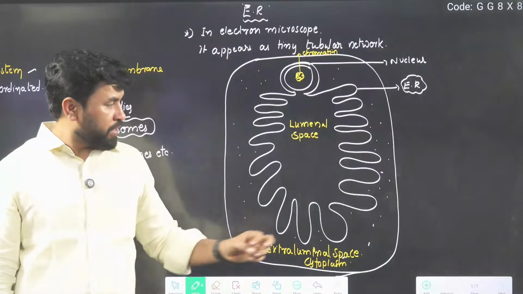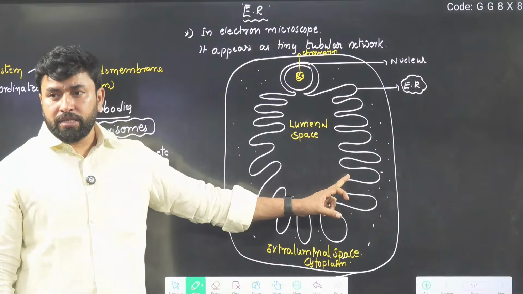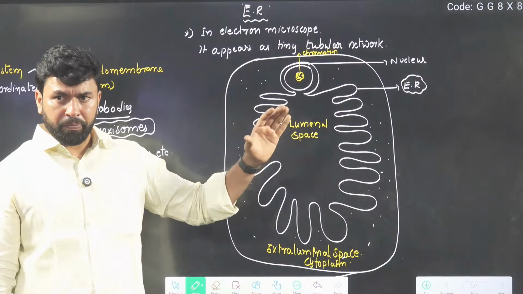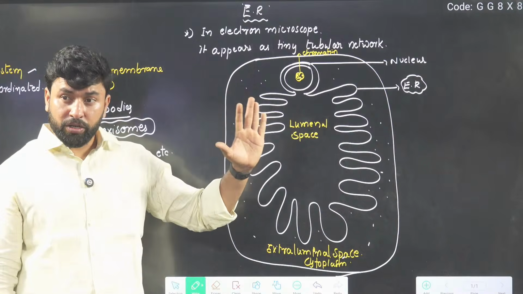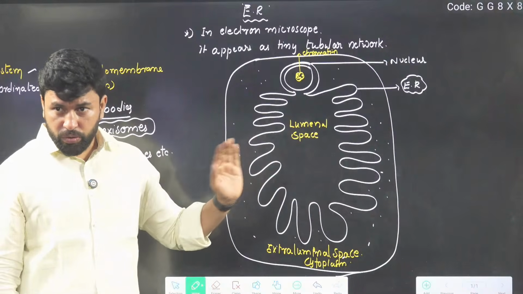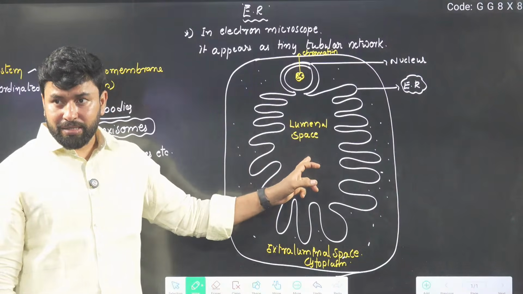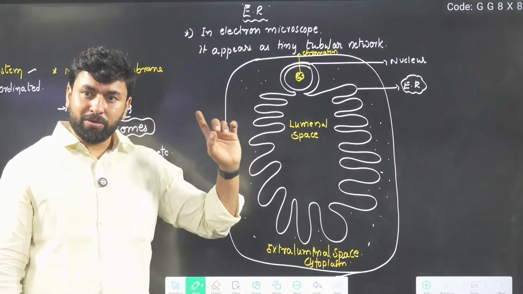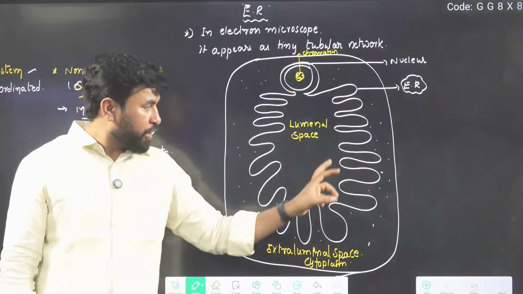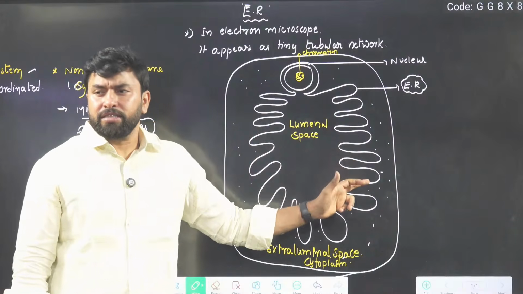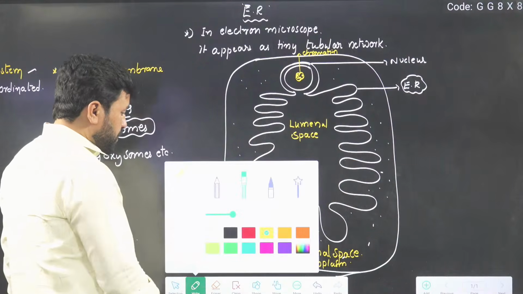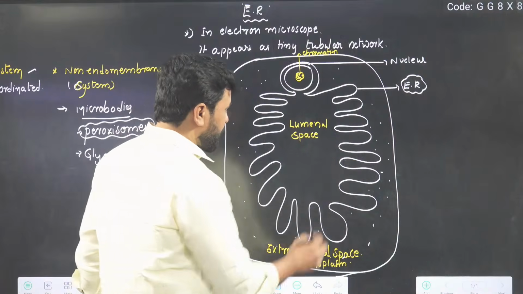Okay, done. Come back to this membrane known as endoplasmic reticulum. If they are talking about endoplasmic reticulum, they do not talk about the space present inside it. They will talk about what is happening on the top of the membrane. That's called the endoplasmic reticulum membrane. Now go to the endoplasmic reticular membrane.